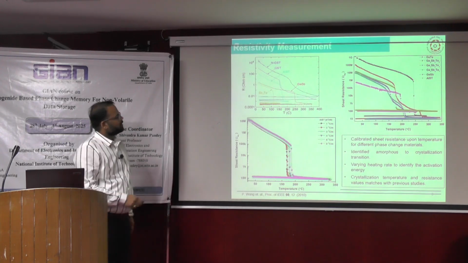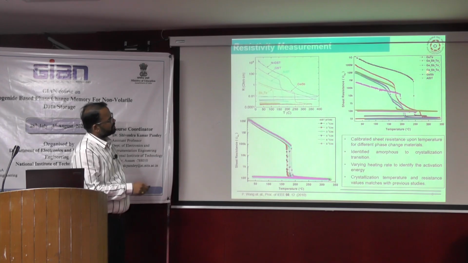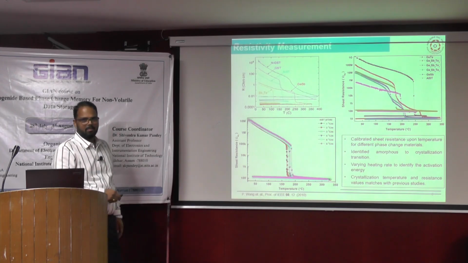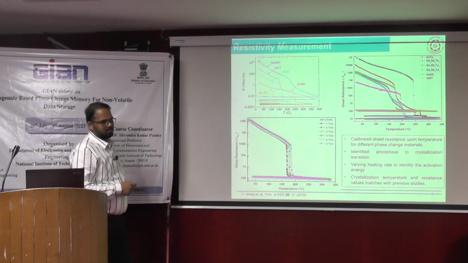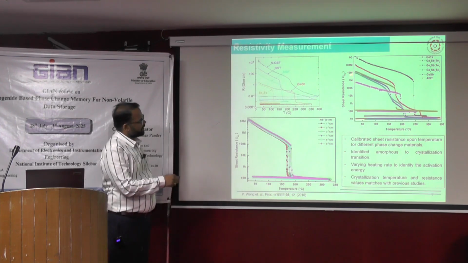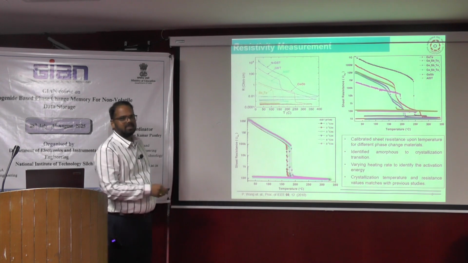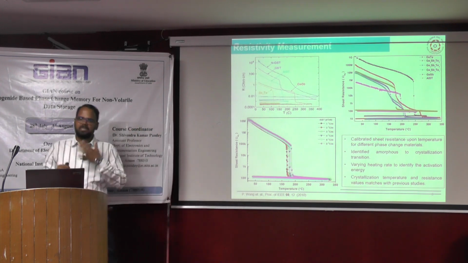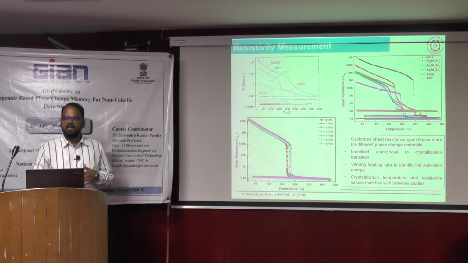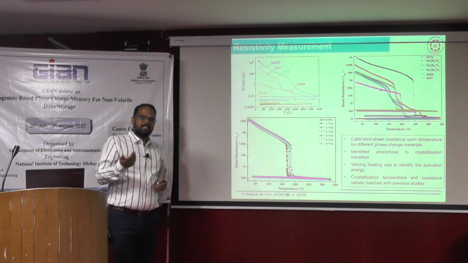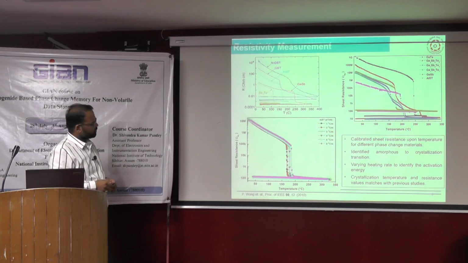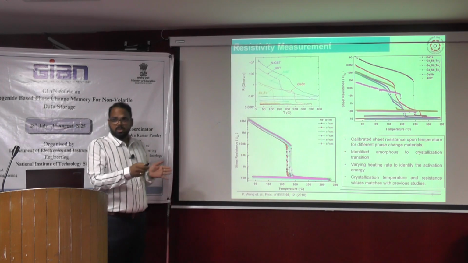These are some materials showing the crystallization temperature and other properties, compared with other materials. Yes, we can see that the resistance contrast in phase change material is much higher, and it could be applicable for multi-level storage and high density memory applications. So you need to identify this.